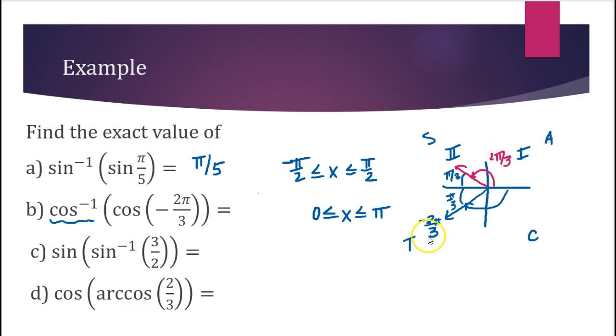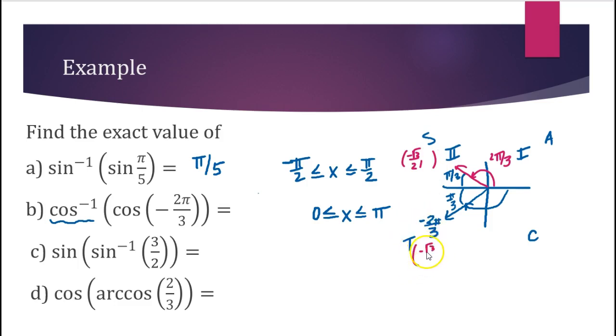So positive 2 pi over 3 and negative 2 pi over 3 give me the same cosine value. The coordinate point that corresponds to 2 pi over 3, the x value is going to be negative radical 3 over 2. And then I'll look at just the x value over here at negative 2 pi over 3.